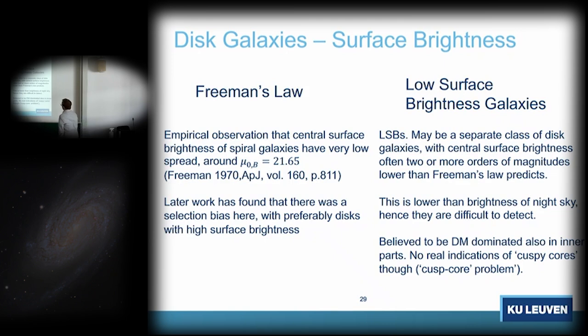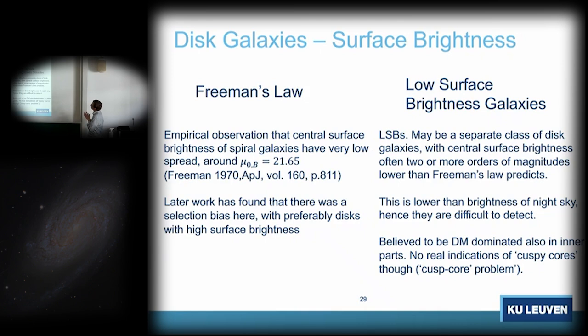They're 2 or more orders of magnitude lower than predicted by Freeman's law. And that's actually lower than the brightness of the night sky, which means that they're difficult to detect, obviously, because you have to be very careful with the night sky subtraction in order to detect them. Kind of in the same way as it's difficult to detect dwarf galaxies. That's what I mentioned before.